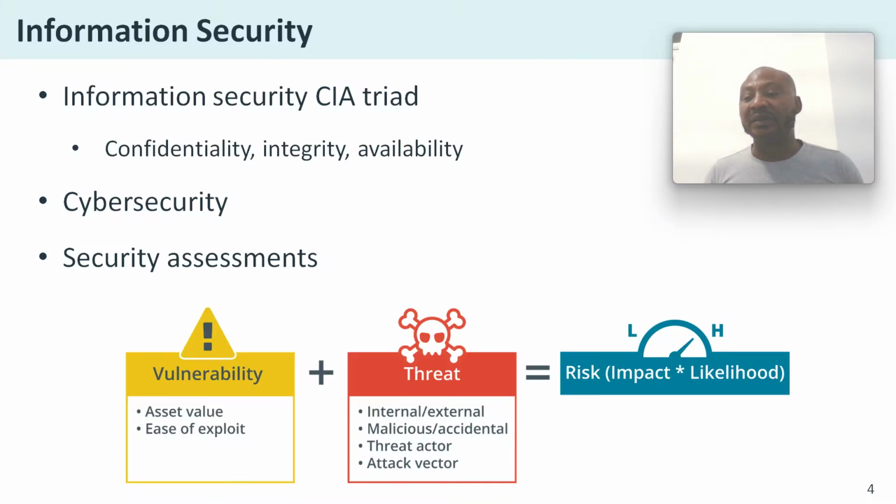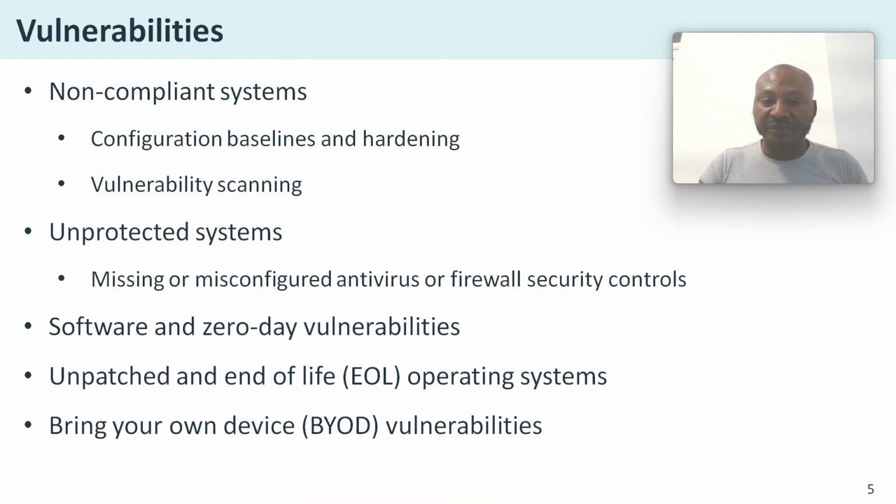So if something is likely to happen, it becomes a risk. When you have vulnerabilities and threats together, they become a risk for us, and it's something we have to look at.